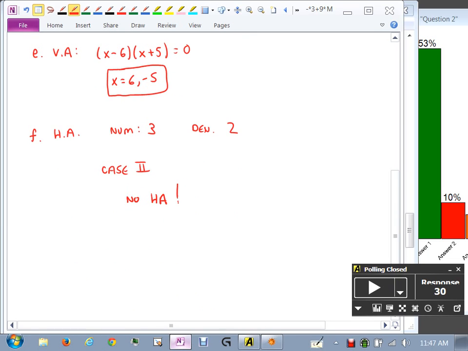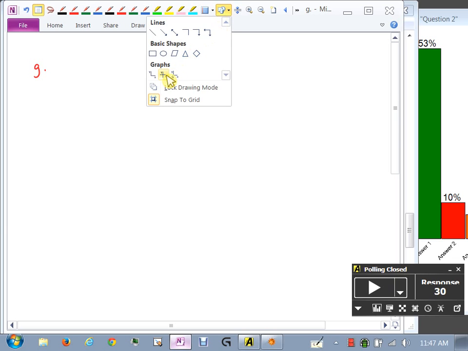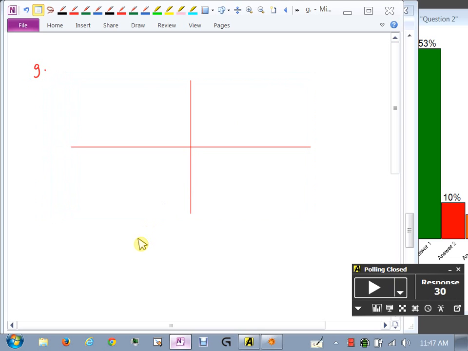I think it's graph time, right? Step G. First piece of information I'm going to put here, my x-intercepts, we're at what? 3, -3, and 0.